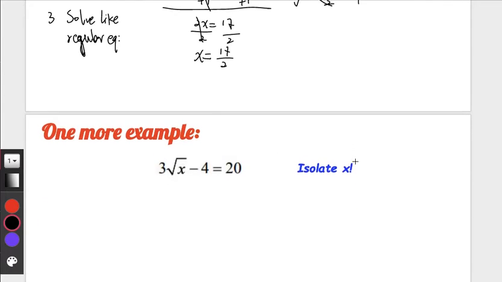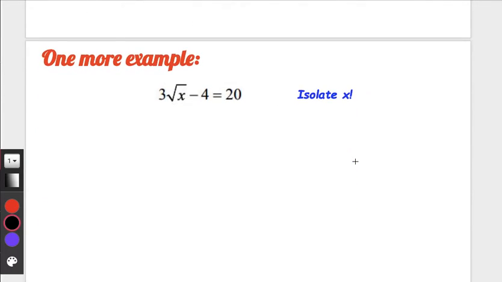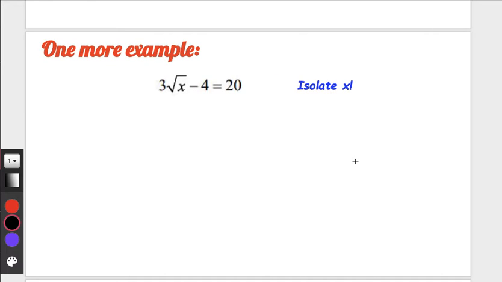Let's check one more example. Here we need to deal with several things together, because we need to deal with something around the square root of x, and we also have minus 4. Before we start, I have a question for you.